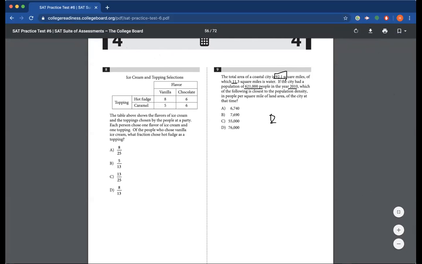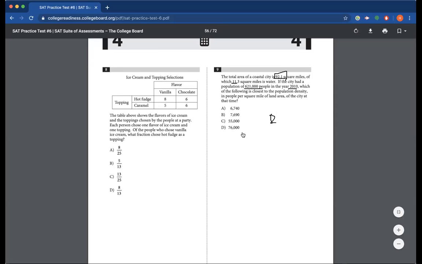This is just SAT. Okay, so 621K, that's 621,123, all divided by 80.8. We get some crazy number. They asked for the closest population density.